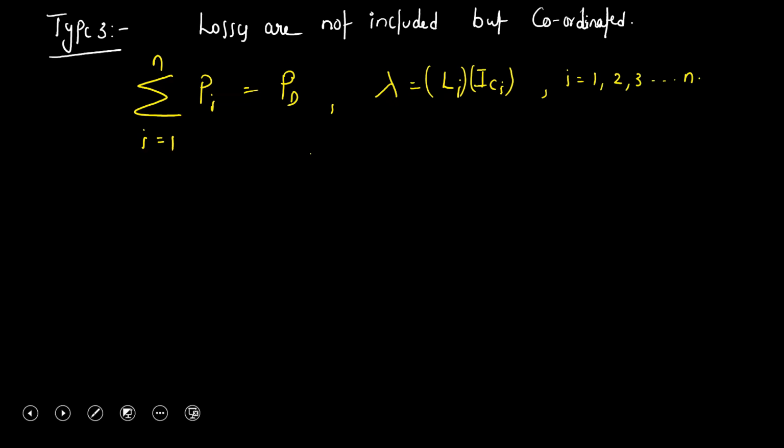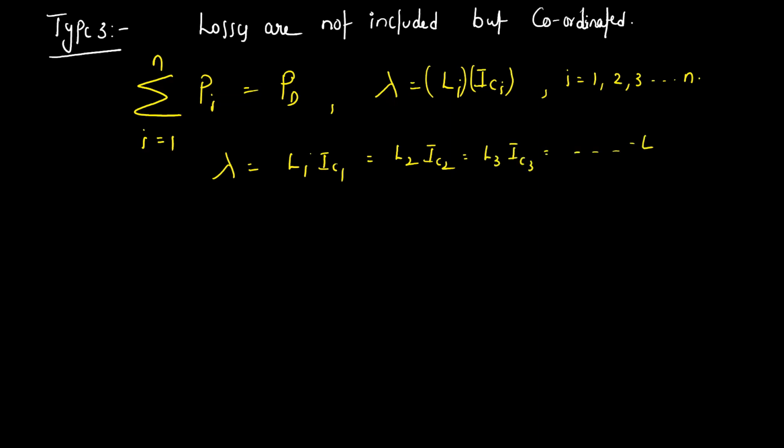That means lambda equals L1 IC1, which equals L2 IC2, which equals L3 IC3, ..., Ln ICn. But the summation of all generations must be equal only to PD. This is where losses are not included but coordinated.